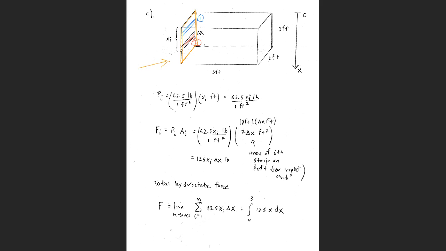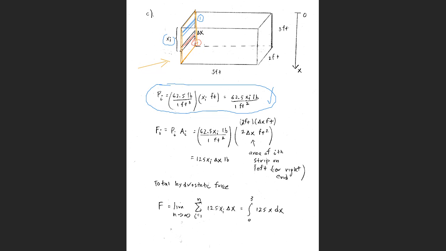So I need to consider, for the ith level of the left side, if that level is xi feet down from the top, the hydrostatic pressure would be 62.5 xi pounds over 1 square foot.